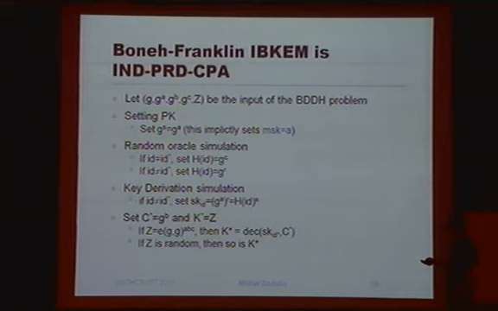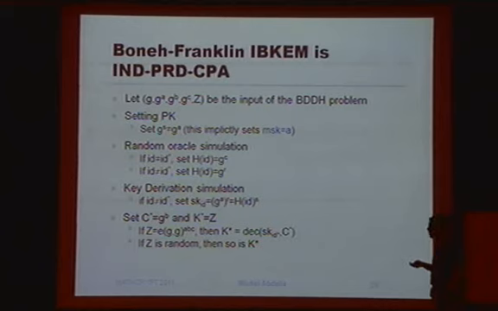And here we can easily see that if Z equals e(g,g) to the abc, then K star will be the decryption of c star using the secret key for the identity that we don't know. We actually don't know what that secret key is, but because it's g to the c, it would be g to the ca.